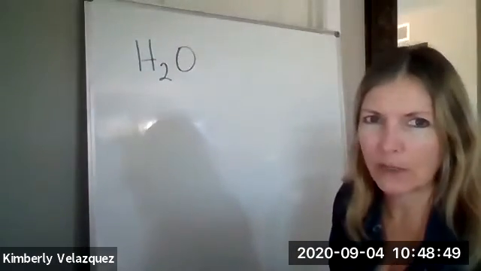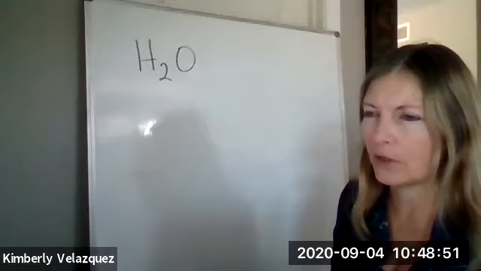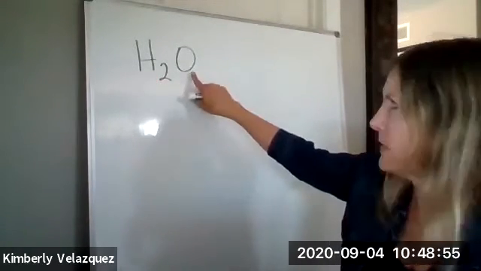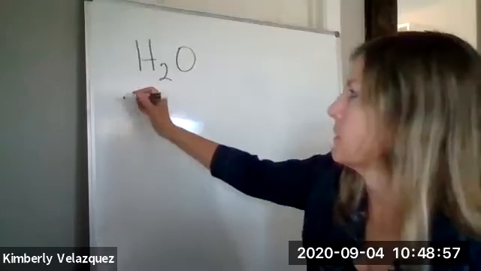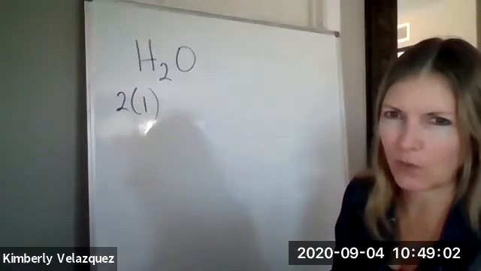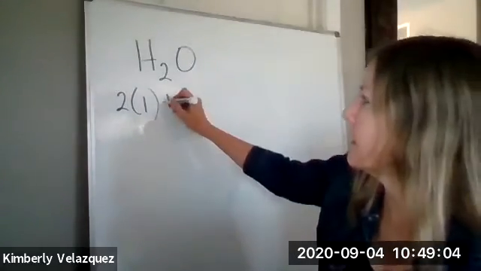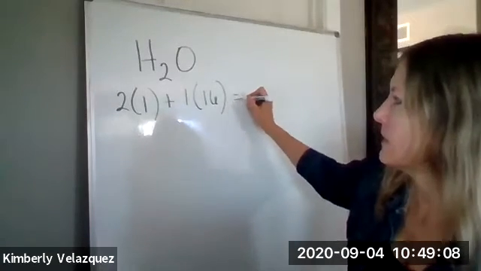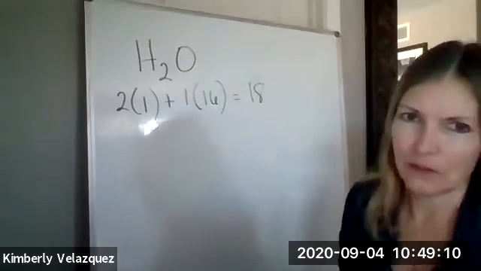Okay, so water is 2 hydrogens and an oxygen. So 1 molecule of water is going to weigh 2 times the weight of hydrogen and 1 times the weight of oxygen. So it's going to be 2 times 1, because hydrogen weighs 1. And it's going to be 1 times 16. So this is going to give us 18.